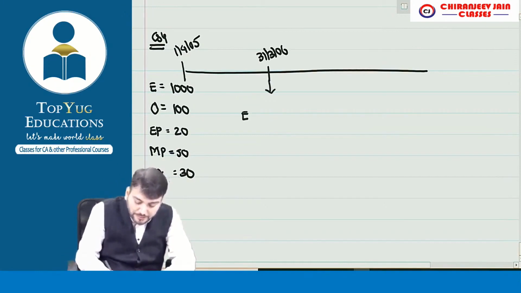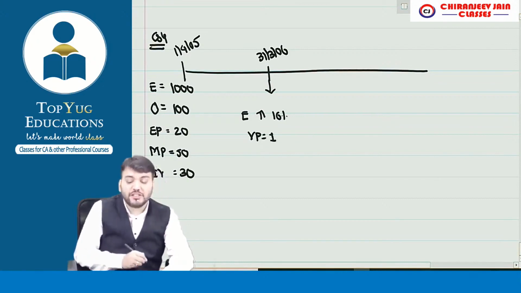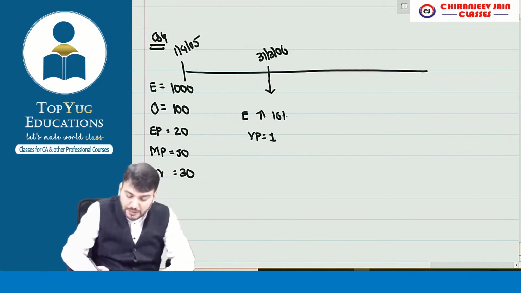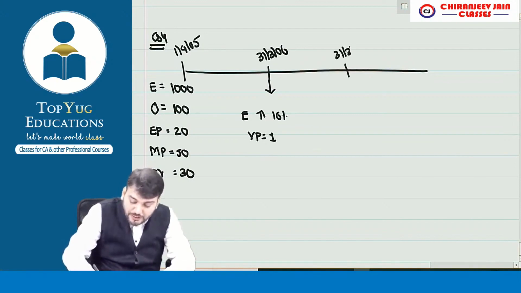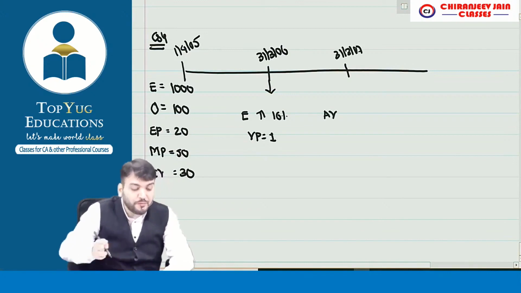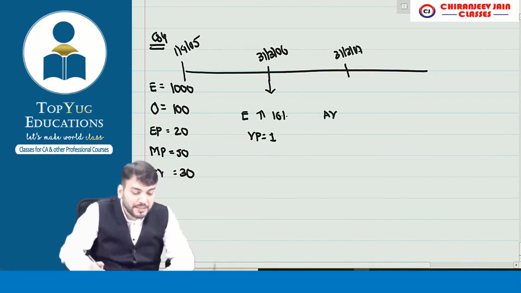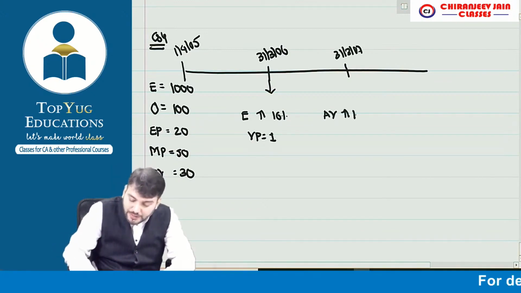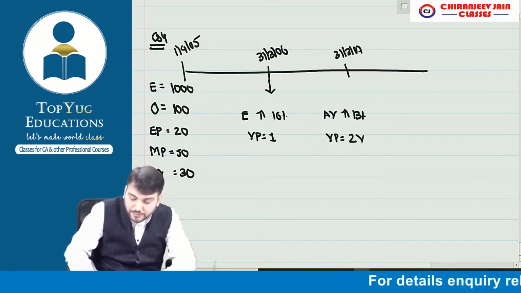If the earning increases by 16%, then the vesting period will be equal to 1. Correct? Or it will go to 31st March 2007. If the average earning of the first and second year increases by 13%, then the vesting period will be 2 years.